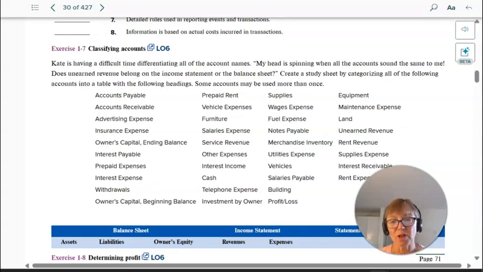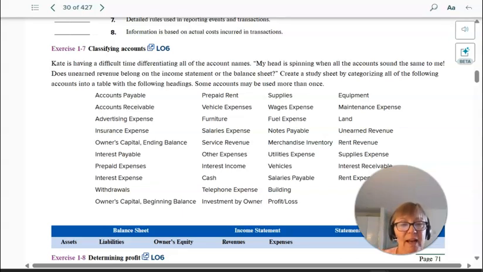The profit goes on our statement of changes in equity. That gets added together with a few other items, withdraws, investments, or if it's not a profit and it's a loss, that goes into our statement of changes in equity. And then that will give us our ending balance, and then our ending balance goes on our balance sheet.